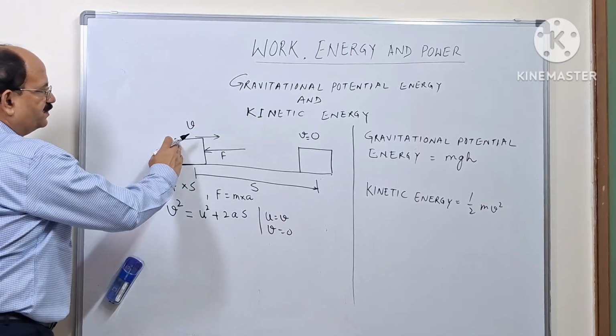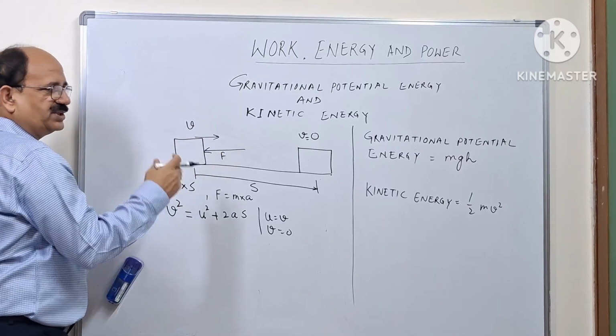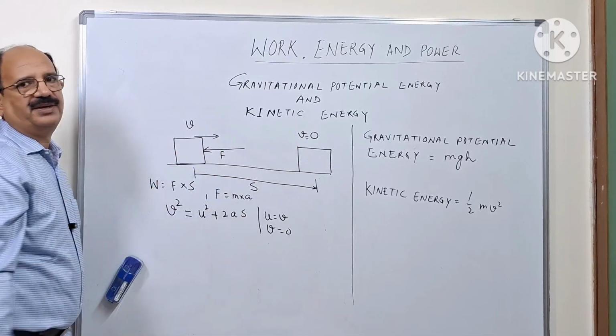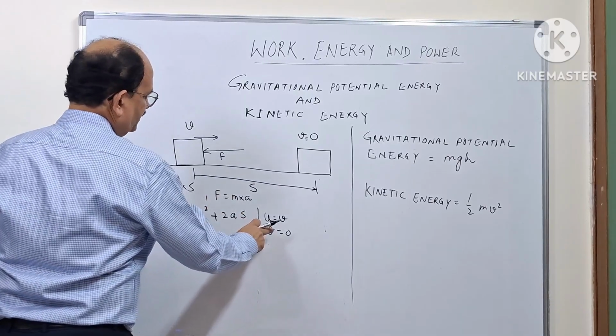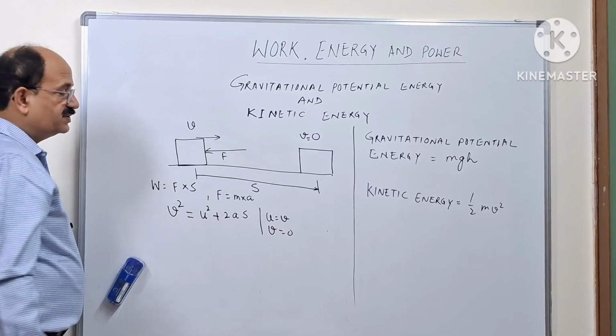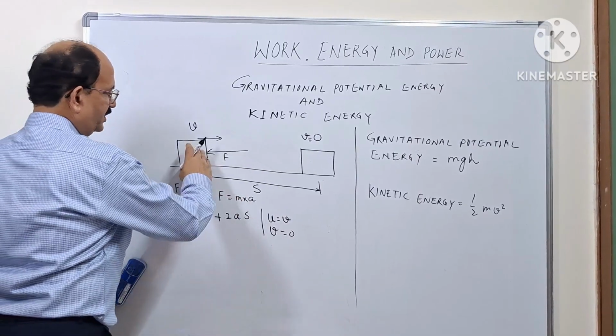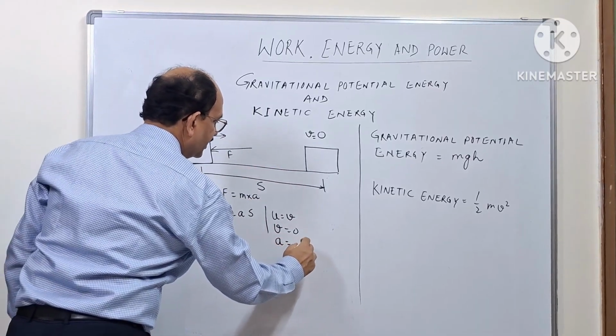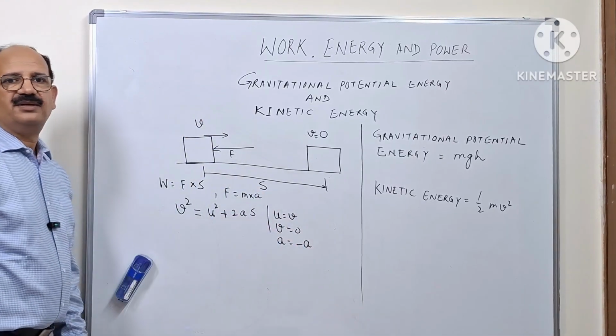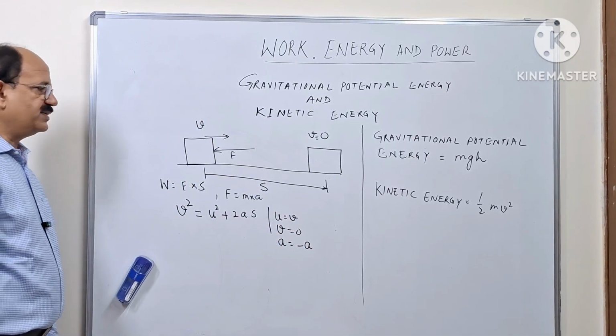It means the speed is decreasing. I am using the term speed because it is unidirectional motion. Okay. Now, because the speed is decreasing, the acceleration is negative. So you can write this as minus a, right?